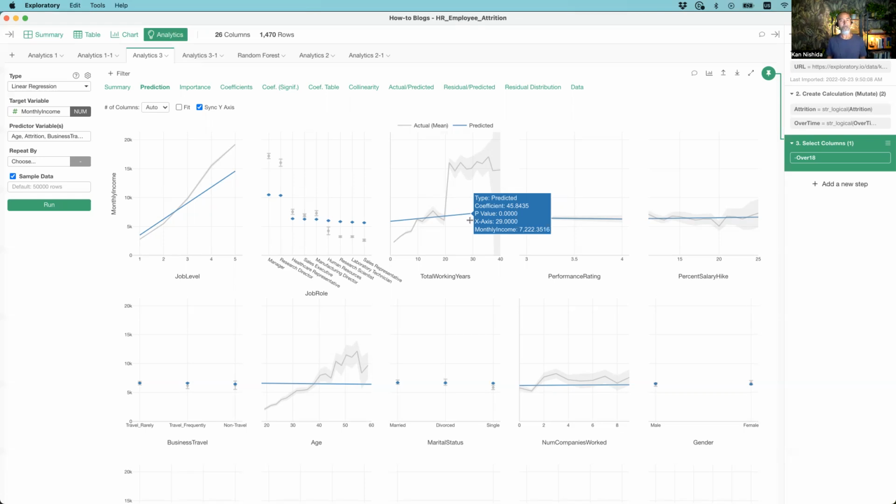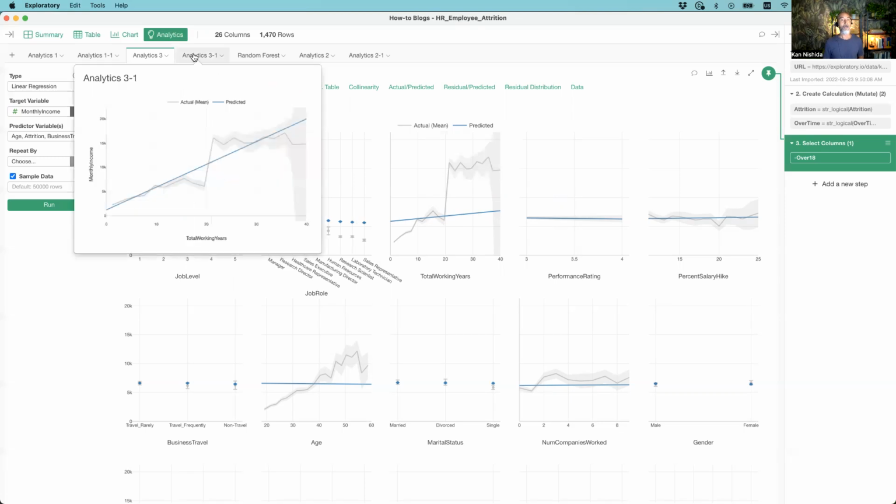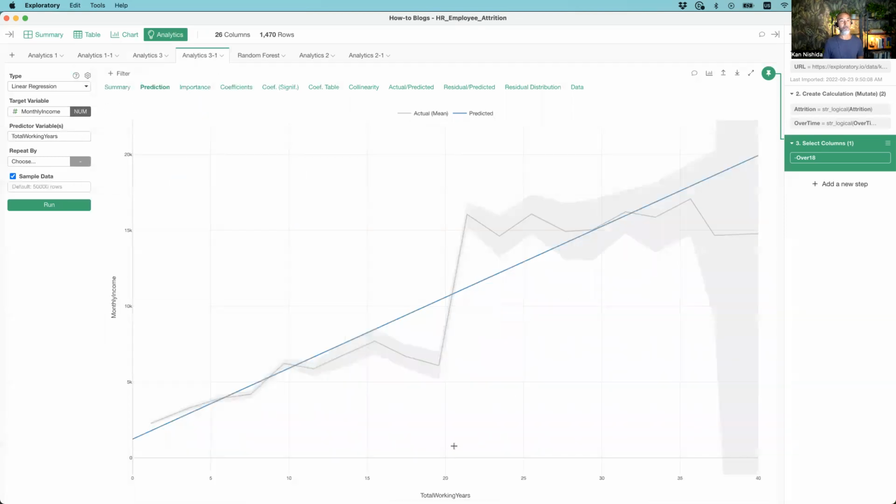And what's going on? Well, that's because job level, job role, performance rating, and all the other variables, if those are the same, and only the working years is different, then you can expect that much. So that means when we saw this one, with only total working years as the predictor variable, this total working years carries other information like job role, job levels, and so on. Let's say, for example, maybe total working years is like 30 years and 35 people.